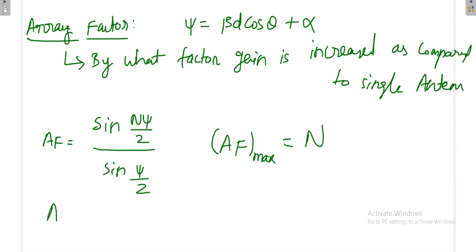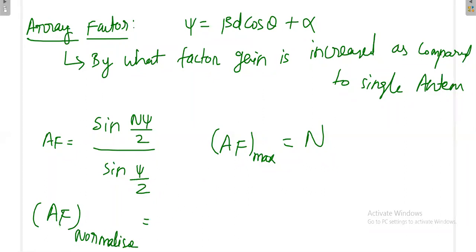So sometimes they mention array factor in a normalized manner. Whenever they want to draw the radiation pattern alone, they are not worried about the gain. They are interested in the shape of the waveform, because this will give you the shape of the waveform also. So when they are interested in only the shape, in which direction the radiation is maximum or minimum, in which direction the side lobes are there, then they normalize this function.